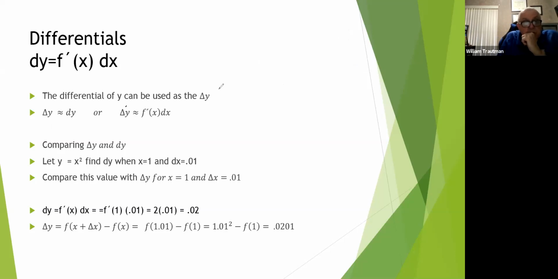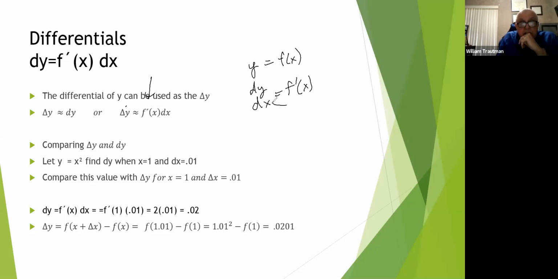Well, let me show you how we get to this. Once again, y equals a function of x, right? If we take the derivative of both sides, we get the derivative of y, which is dy dx. The derivative of the function is f prime of x.